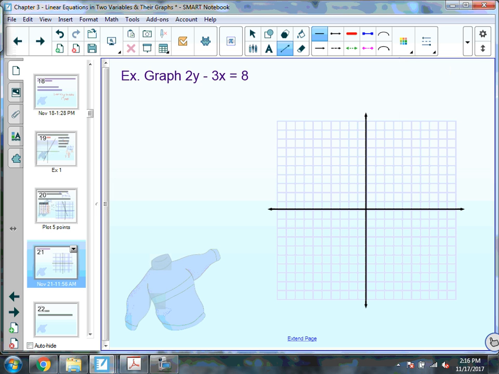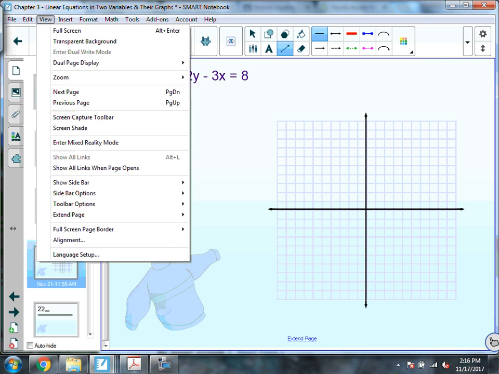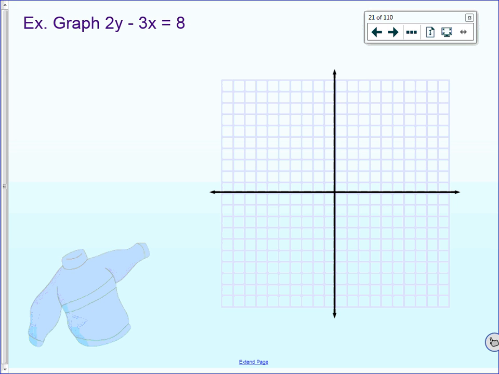I would like someone to share their strategy. Ashley. So should I start from what I did? Yeah, how did you start? Okay, so first I added 3x to both sides, and then I divided by 2.